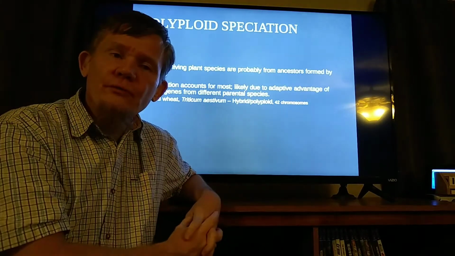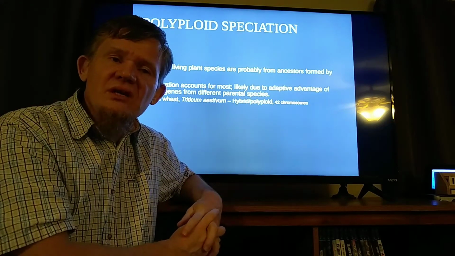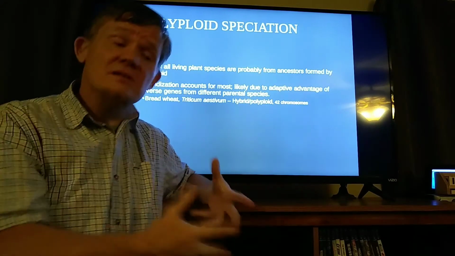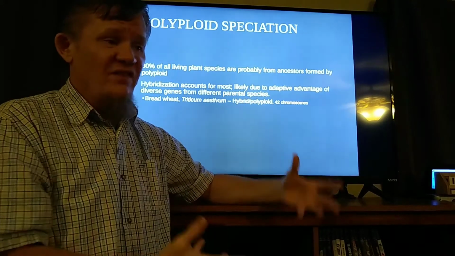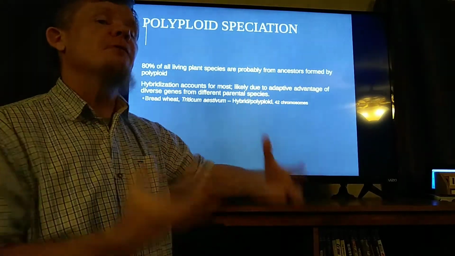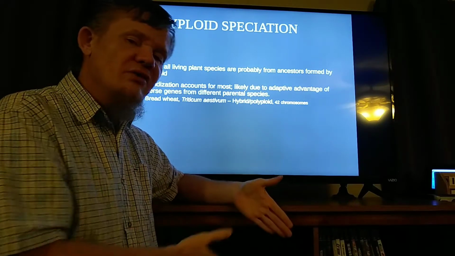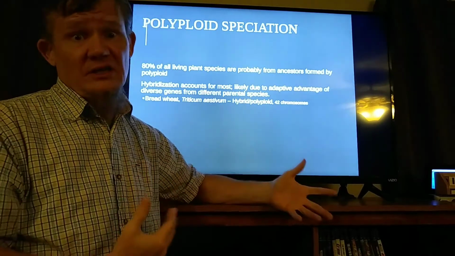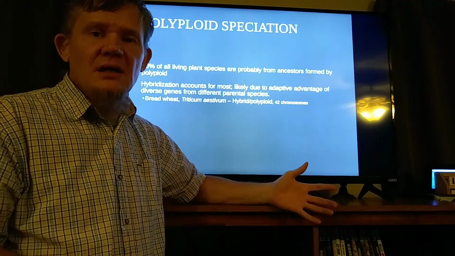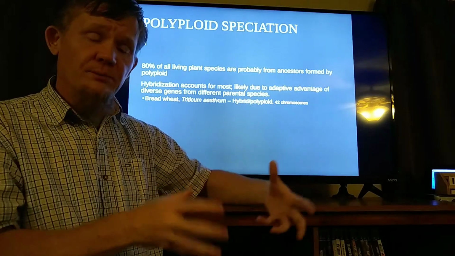Well, which fruit are you going to save the seeds from to plant next year? If this is the food I'm feeding my children with, if this is the stuff that's going to keep me alive for the winter, which plant do I want to put in the ground? The one that makes normal-sized fruit or the one that makes double-sized fruit? We understand the answer. You're going to plant the one that makes double-sized fruit.